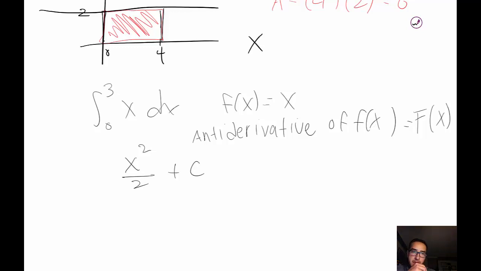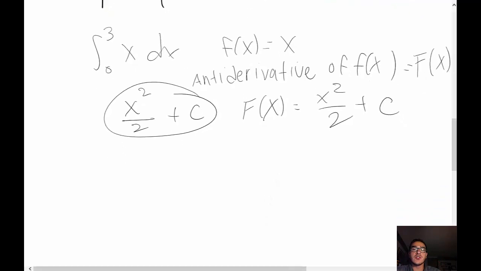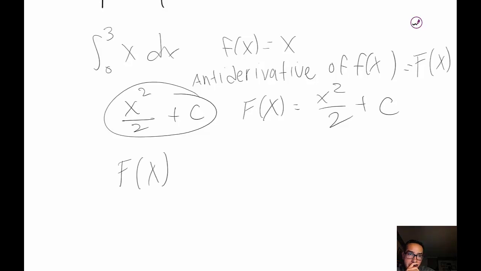Therefore, when we take the antiderivative of x, we know that capital F of x is x squared over 2 plus c, because that's the antiderivative of f of x. So I want to integrate it from 0 to 3. So what you're doing is you're taking big F of x, which is your antiderivative, and evaluating it from 0 to 3.